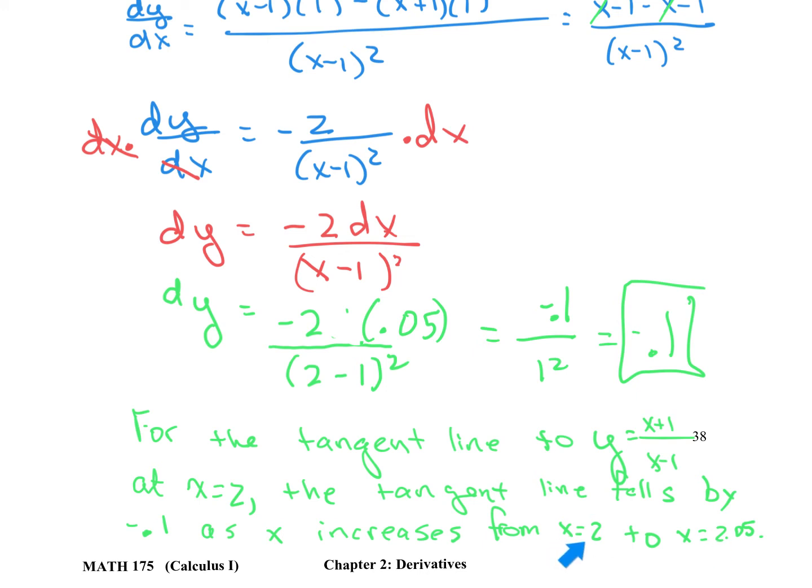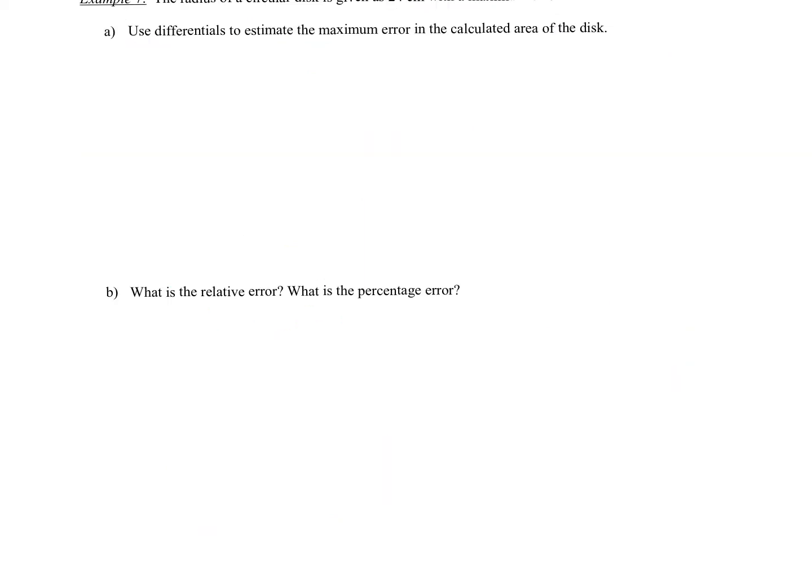We started with 2, we changed x by 0.05, so that's 2 plus 0.05, which is 2.05. And although at the moment I'm not going to test you on problems like these, I'm going to do them anyway because you're going to be presented with them in future courses.